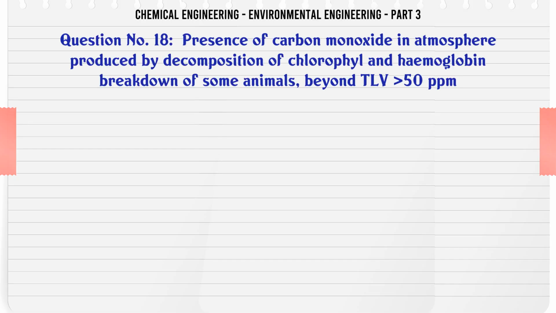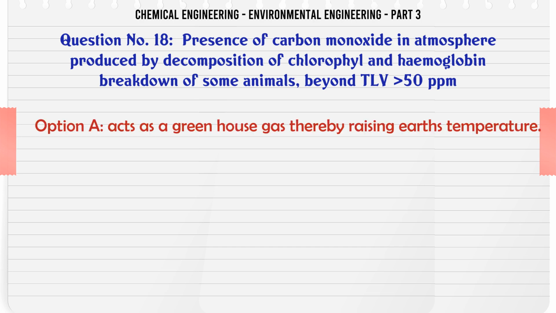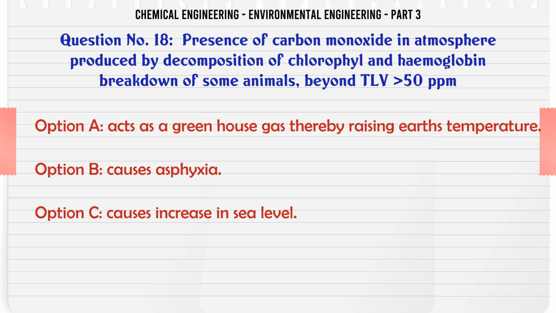Presence of carbon monoxide in atmosphere produced by decomposition of chlorophyll and haemoglobin breakdown of some animals beyond TLV 50 ppm. A. Acts as a greenhouse gas, thereby raising Earth's temperature. B. Causes asphyxia. C. Causes increase in sea level. D. Enhances the greenhouse effect.